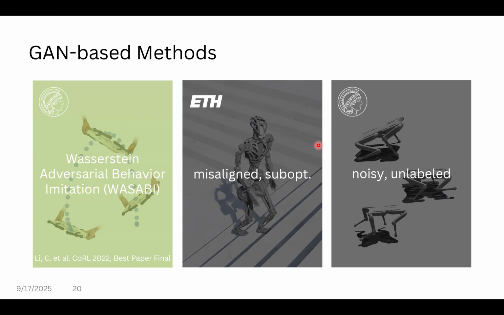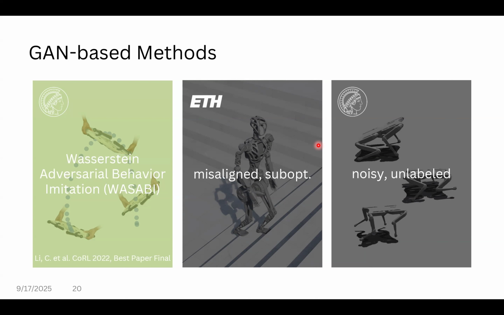So let's say going upstairs, going on pillars, stepping stones. But this is bad because we don't have exact reference motion for these tasks. We only have, say, walking on flat terrain. How do we leverage the information there?